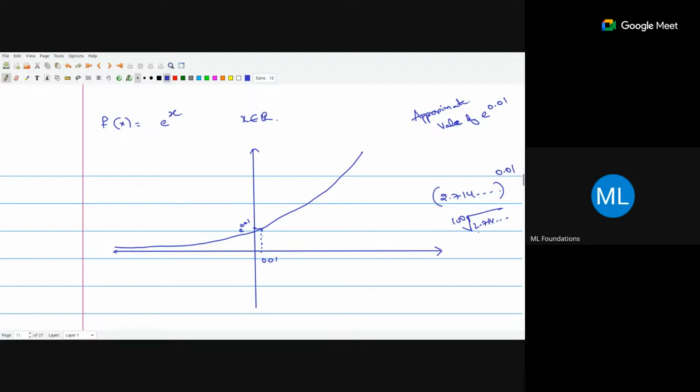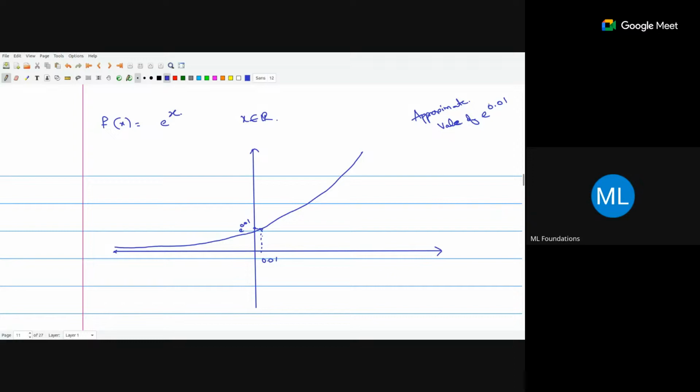You have to come up with some x power 100 equal to 2.714, and you want that x value. We will write it into equations and try to go about it. But that is a very long process, and I don't think you will reach the correct answer. So what we can do is approximate.